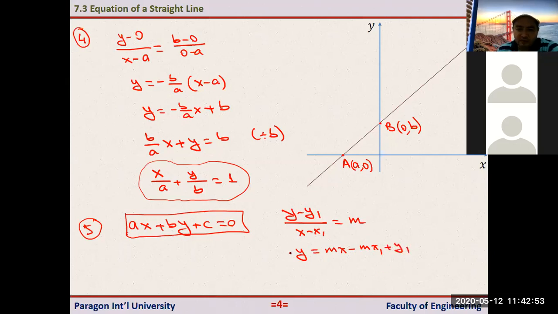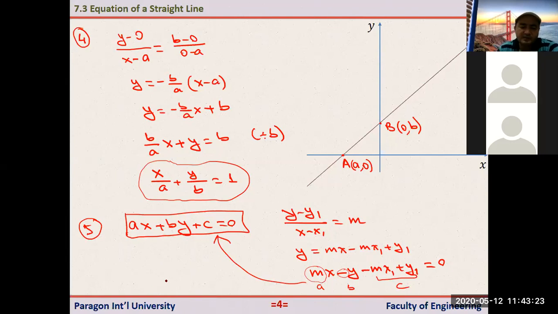Or if I take everything to one side, mx minus y minus mx1 plus y1 is equal to 0. Now I can relabel this. Let me relabel this coefficient as A, this one as B, and this one as C, for example. These are all constants, and we get this equation.